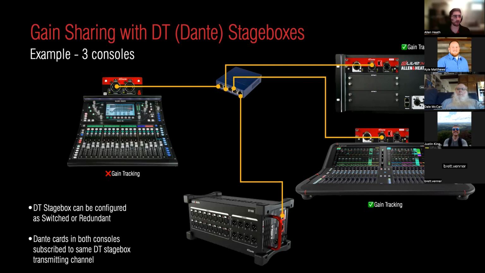But one thing to note in this case is that Avantis and DLive both support gain tracking. So if a change is made on the preamp gain, the trim can compensate to not affect your mix, but SQ does not support gain tracking. So you have to make sure that whoever's using the SQ is aware if you're going to make a change to the gain from another system, so that they know to compensate with trim or adjust their mix or whatever it is.